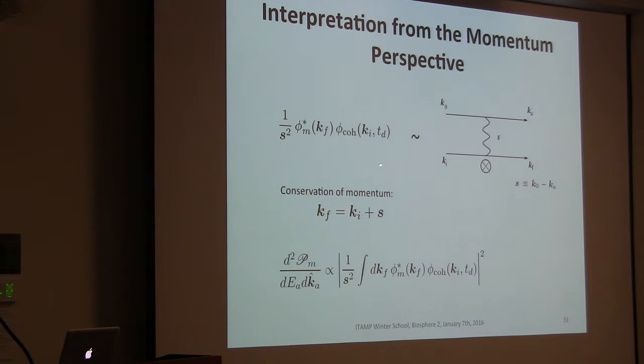Just to give you an example, you have the incident electron. It exchanges momentum with the target and goes off with momentum K. So this is the momentum transfer, and the differential cross-section is proportional to the overlap of 2 momentum wave functions.